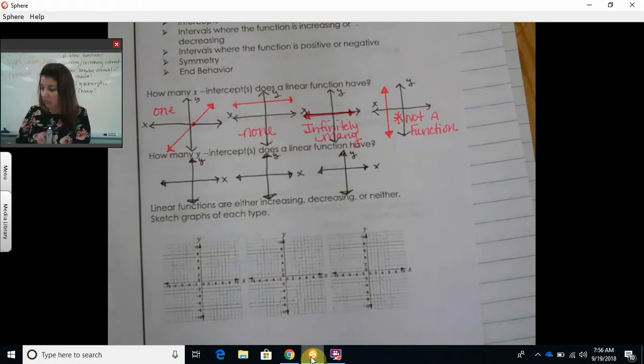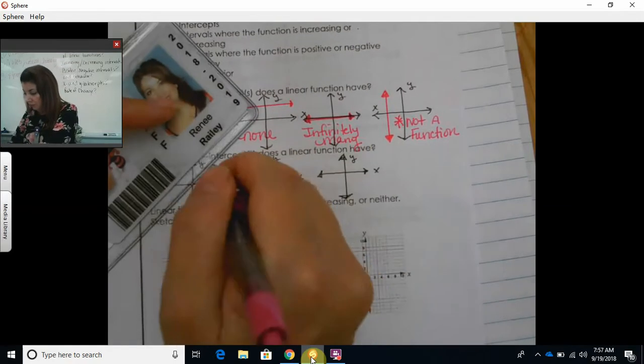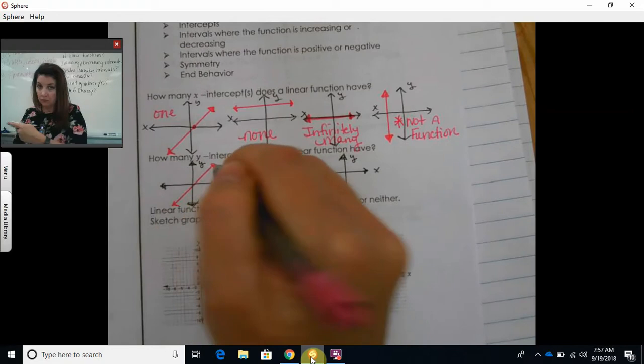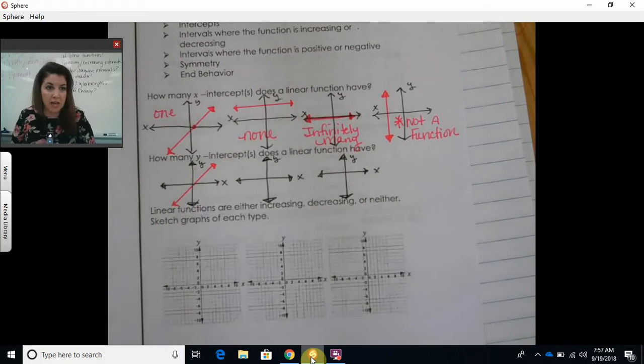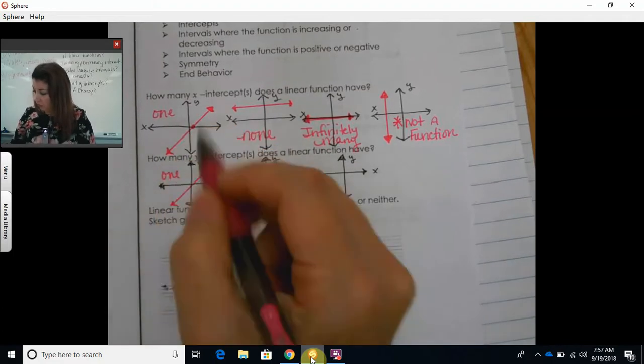And my first one, I'm going to draw a line similar to the one that I did on the first question above. This time the question asked me about y-intercepts. So remember, a y-intercept is where a graph crosses the y-axis. So how many y-intercepts does this function have? Just one. Right here.